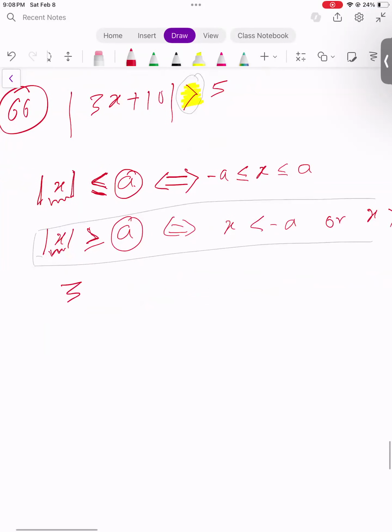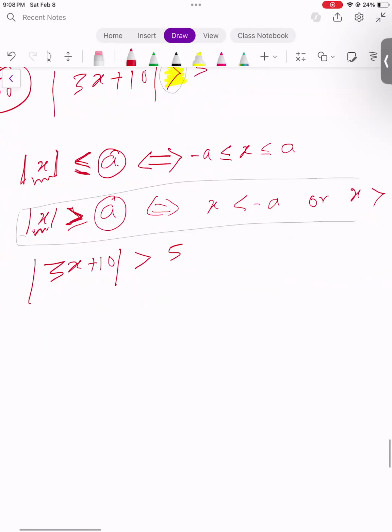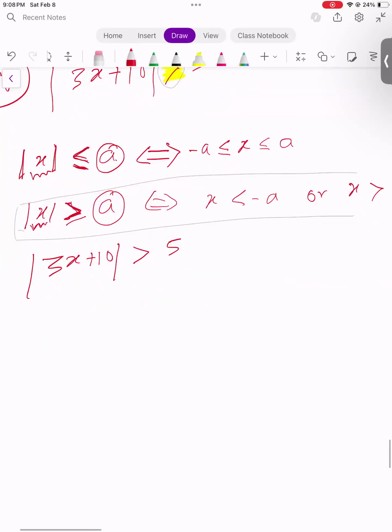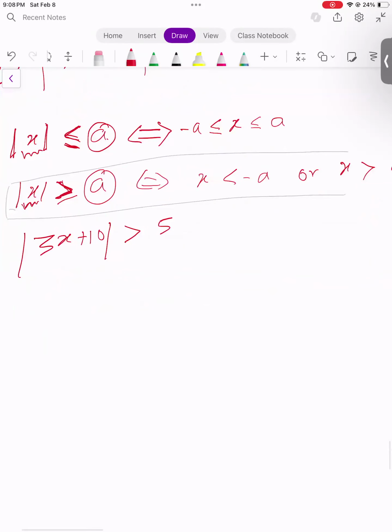So here, absolute value of 3x plus 10 greater than 5, so we have a greater than, so we need to rewrite this absolute value inequality without the absolute value sign. So for that, you write whatever you have inside the absolute value.